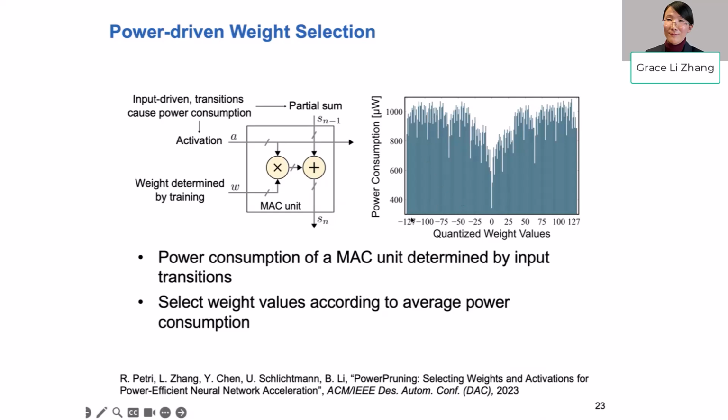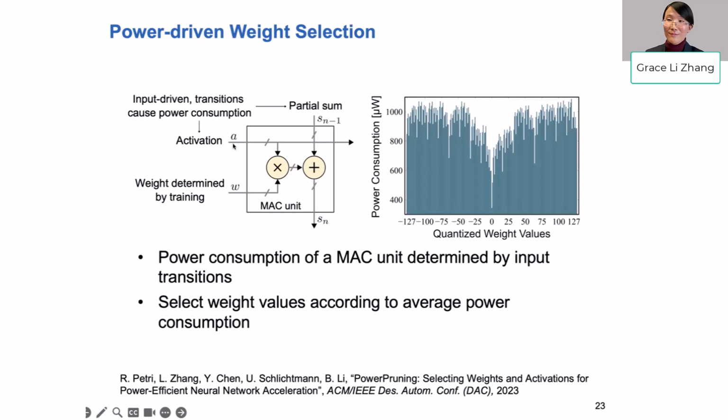How did we obtain this? When we have a weight, we fix it into the MAC units and use ModelSim to trigger different types of activation and partial sum transitions, so that there are some signal switches inside the multipliers and the adders, and we trigger dynamic power consumption.